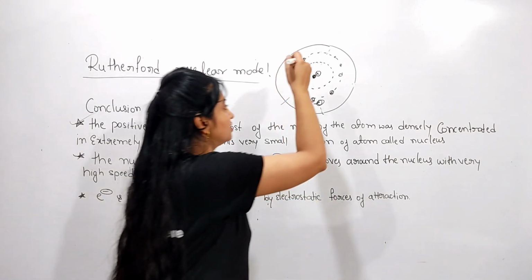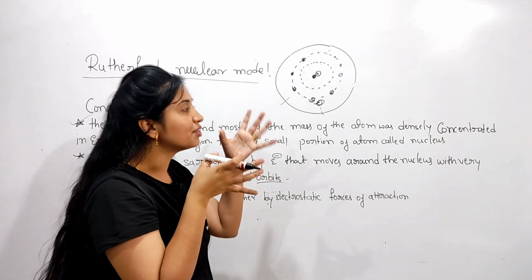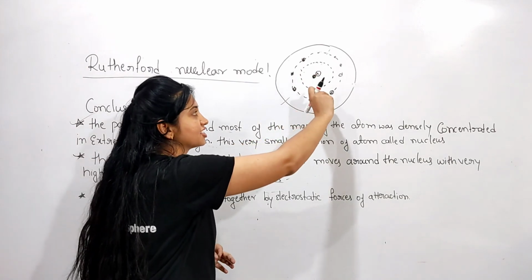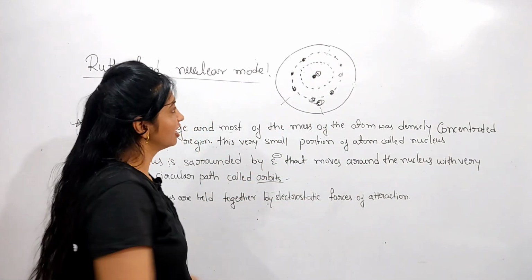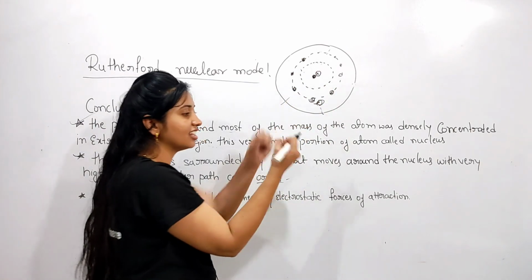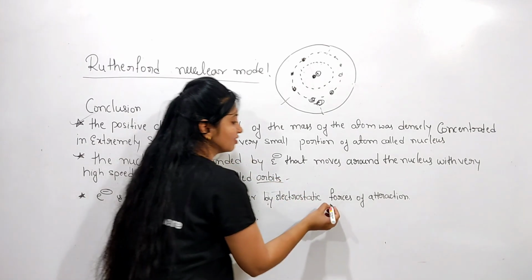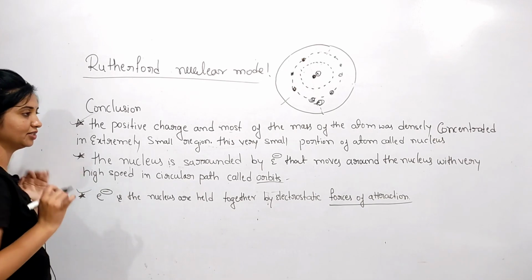Obviously the positive charge and the negative charge are attracted to each other, with a force of attraction between them. This force of attraction is called the electrostatic force of attraction. These are held together with the help of this force of attraction. So this is his third conclusion.